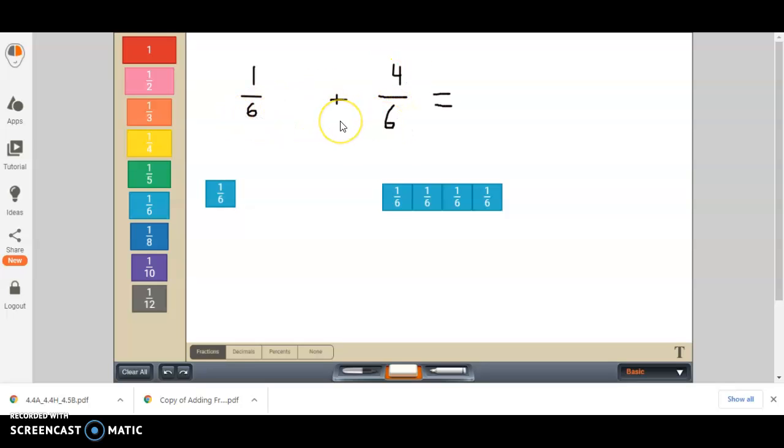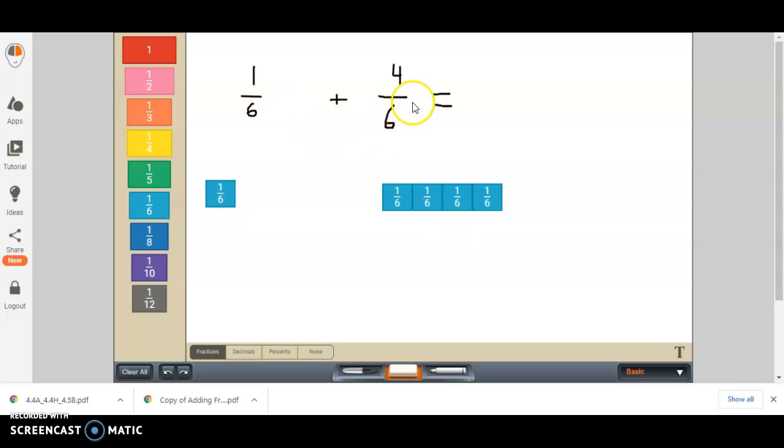Our denominators show how many pieces make a whole, and our numerators show how many pieces we have. So I have 1/6, so 1 out of 6 pieces that make a whole, and 4/6, 4 out of 6 pieces that make a whole.